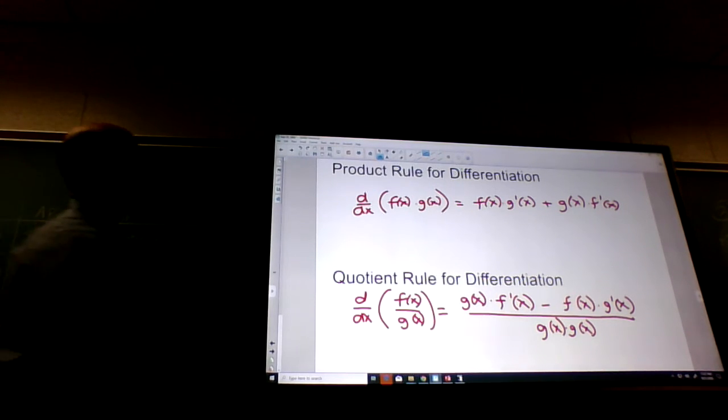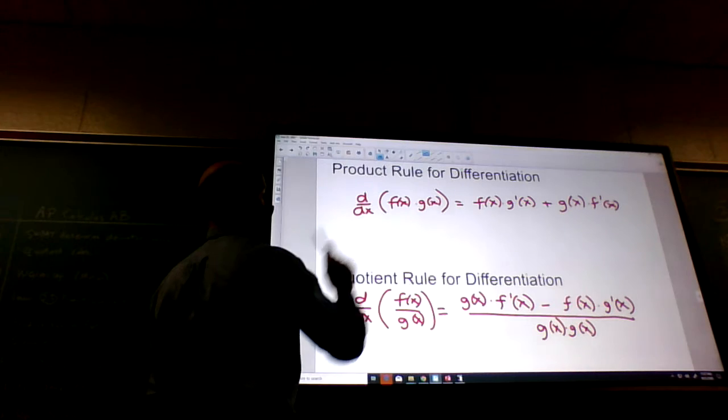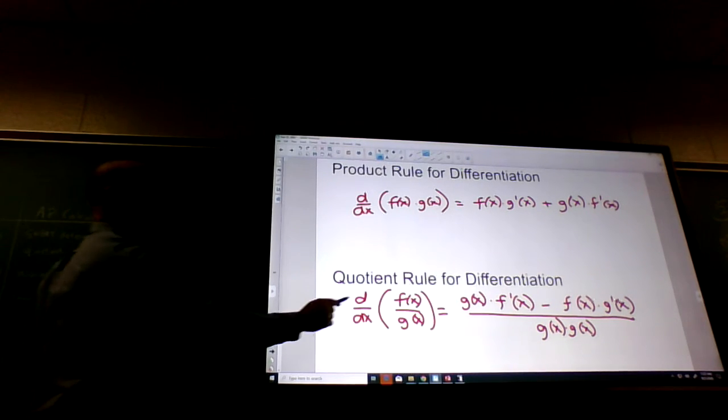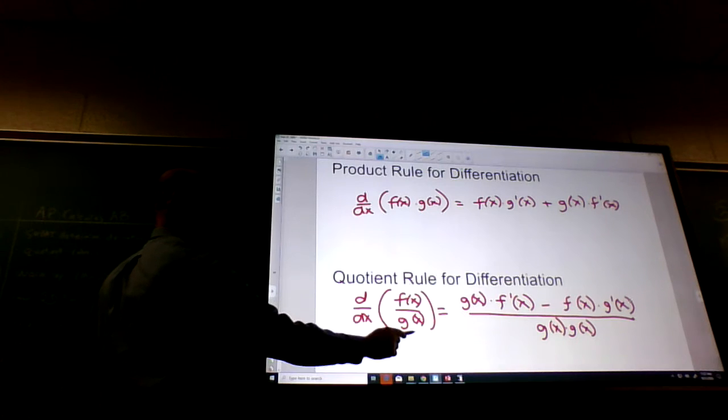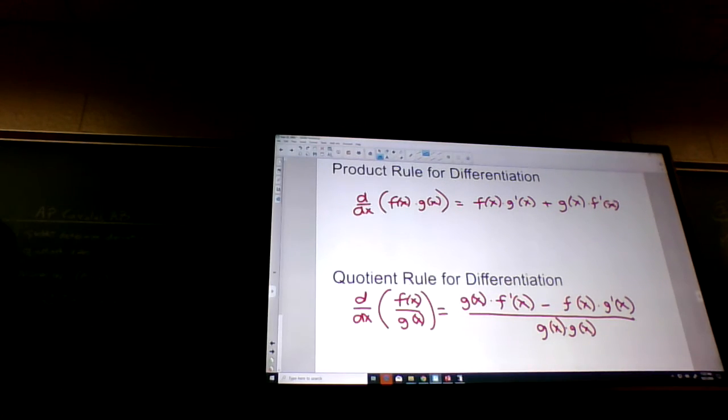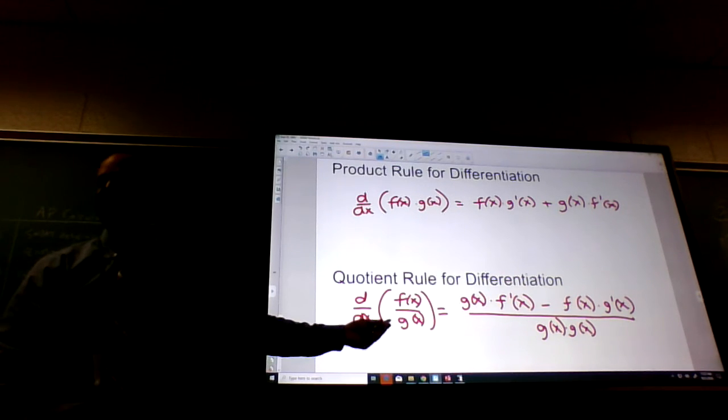If you're trying to find the derivative of a quotient of two functions, this is the rule. This is the shortcut. Think about that proof I just did. That proof was pretty ugly, wasn't it? The proof for this one's worse, right?